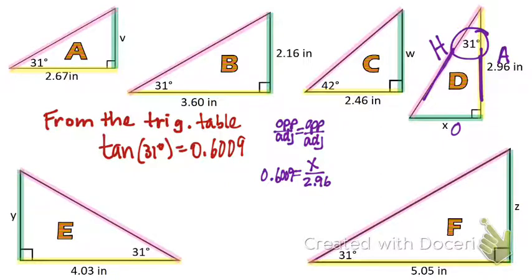If we make the left side of the equation into a fraction, now we have to find the cross product. So 1 times X is X.